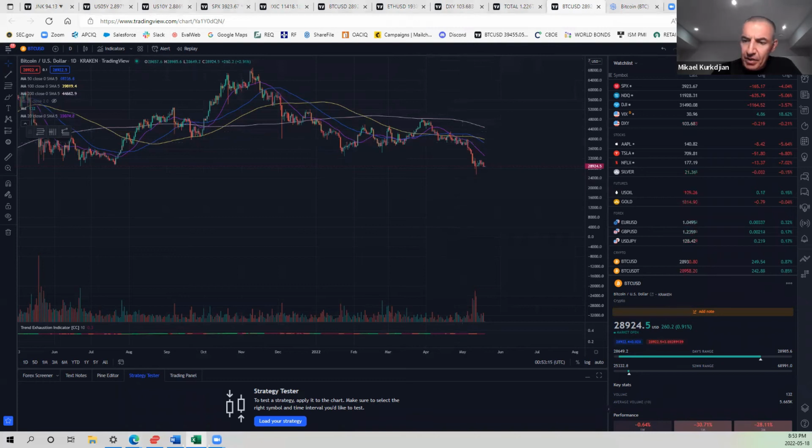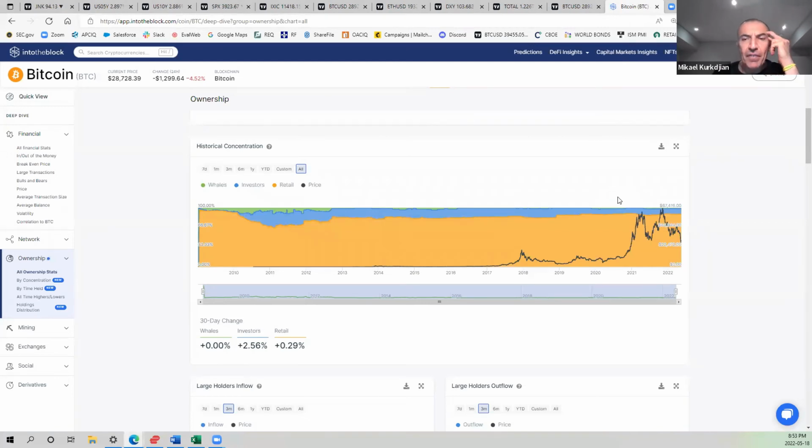Let's see what was going on with the concentrations of retail versus investors. On May the 2nd, we'll go with May the 2nd. Again, it's very hard to pinpoint.